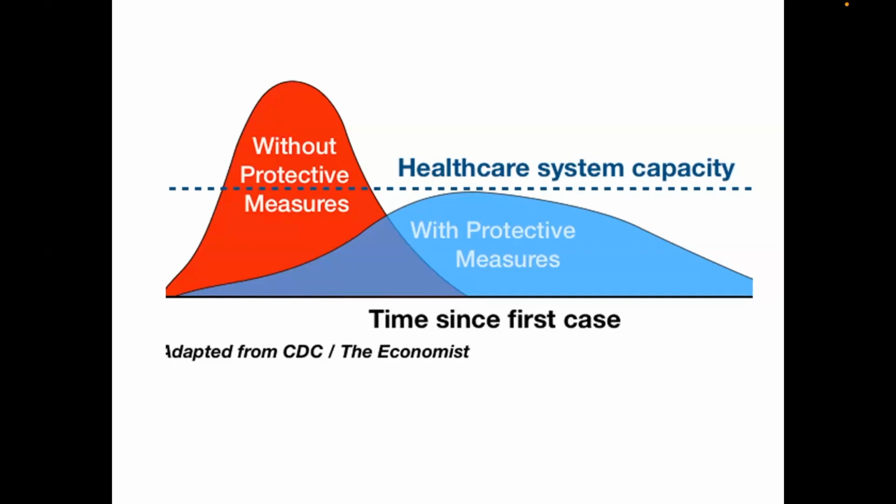With protective measures, from the time the first case is reported, the healthcare system capacity is manageable and does not collapse.